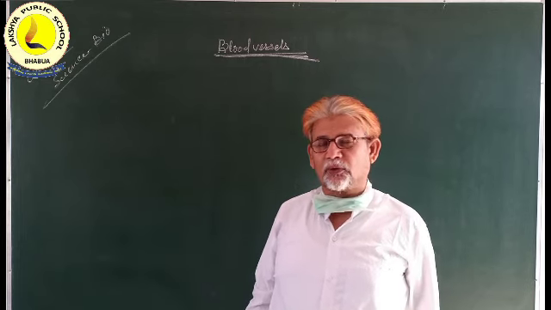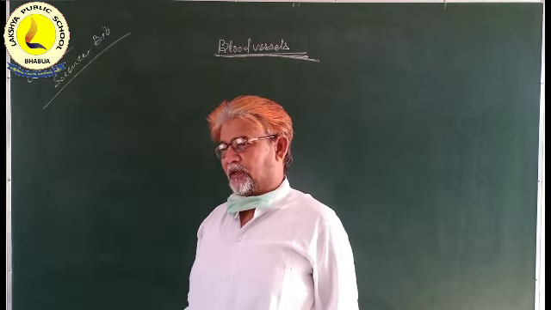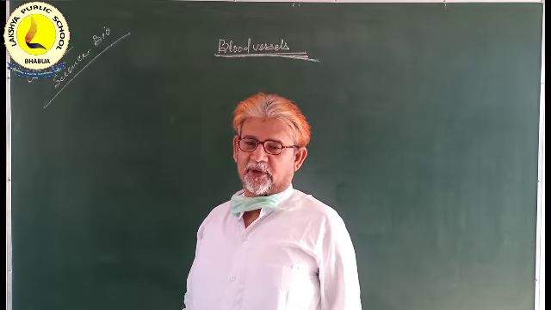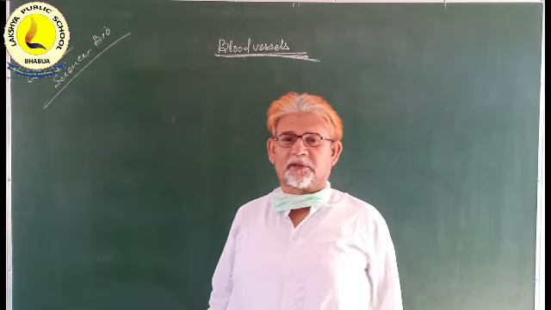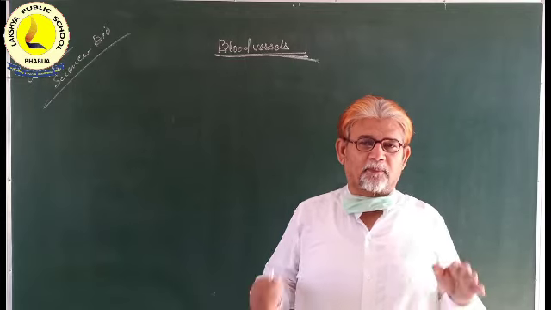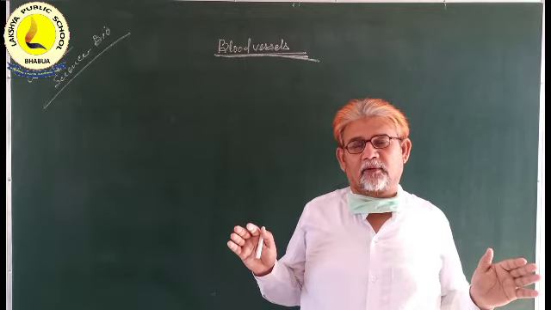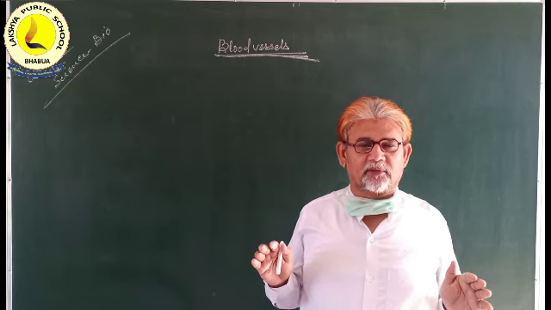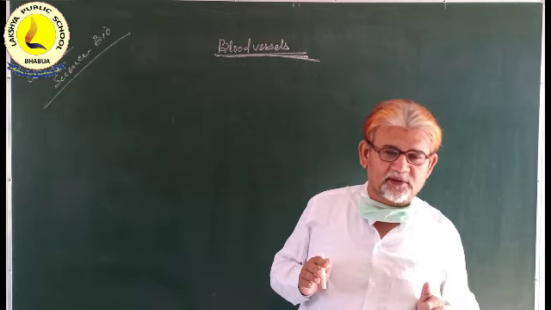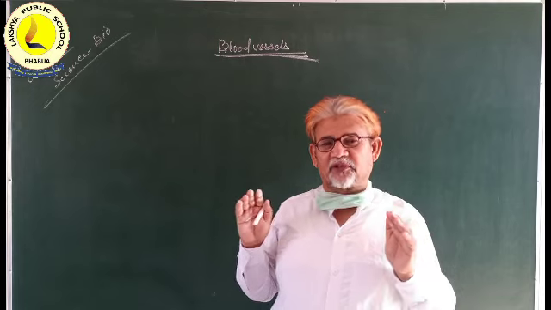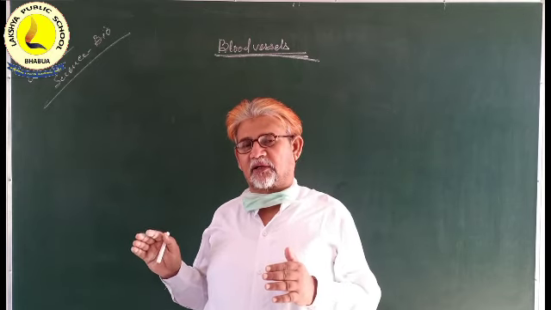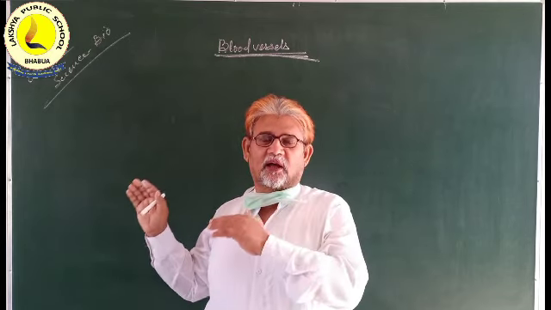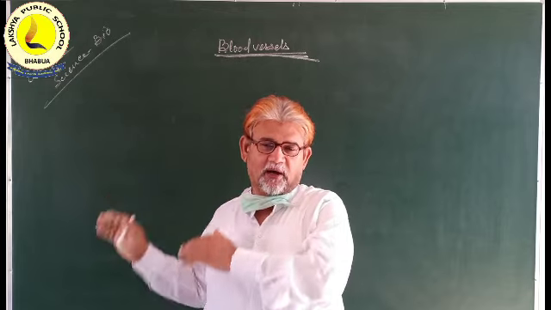Again, I am going to repeat the blood vessels, because you know that there are three parts of the human blood circulatory system. The first is the blood, the second is the blood vessels, and the third is the heart.